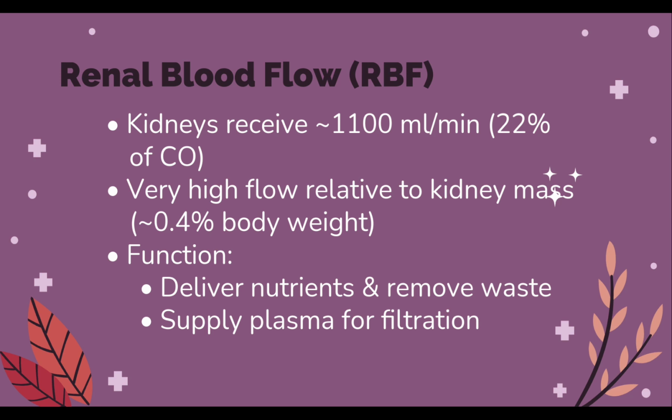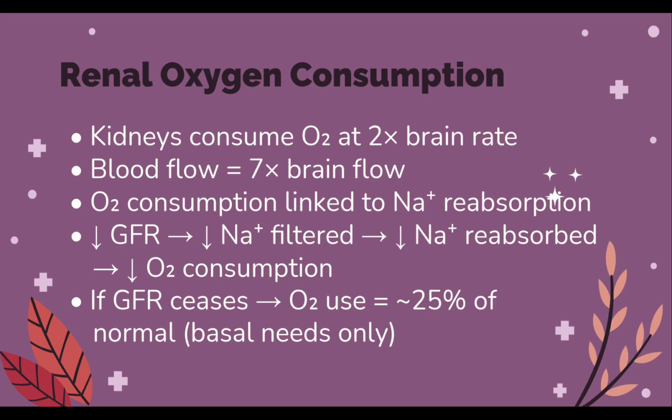Why do they get such an increased amount of cardiac output? Because we have to deliver nutrition and remove waste, and we have to supply plasma for filtration. When we talk about renal oxygen consumption, kidneys consume twice the oxygen of the brain, and the blood flow is about 7 times more than the brain flow.